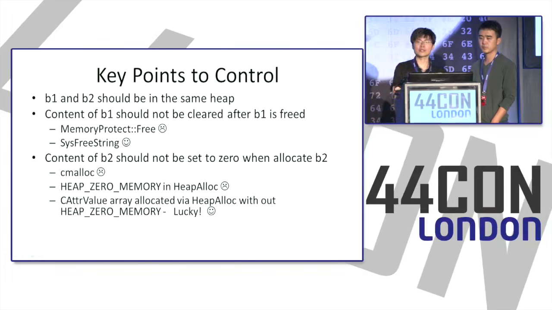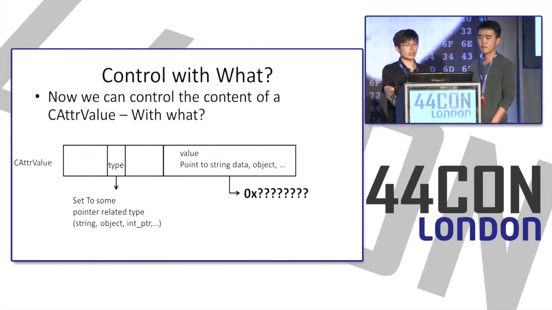So if you use an API such as calloc or HeapAlloc with the zero memory flag set, then we would not be able to control the uninitialized memory. Back to our bug, since the CAttribute array is allocated with HeapAlloc without the zero memory flag set, we are able to control the content of it. Now we have an uninitialized CAttribute value, and we can control the content of it.